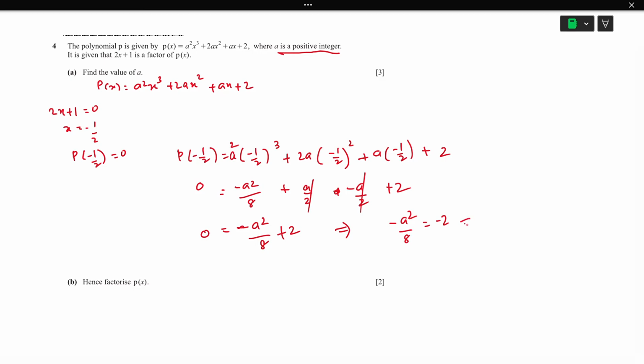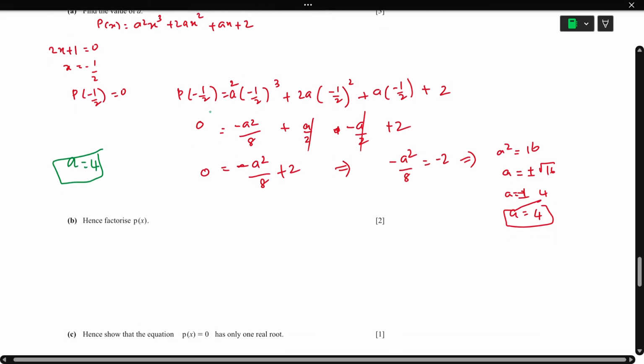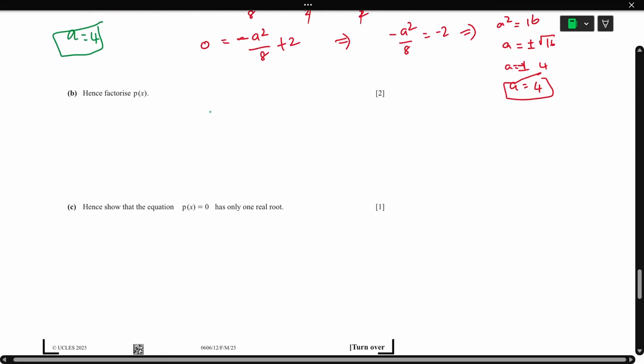Now the negative is gone, so a square equals 16, a equals plus or minus square root of 16, a equals plus or minus 4. But I have to choose only plus 4 because the question says a is a positive integer, so a equals 4. That's my answer. Hence, factorize p of x.